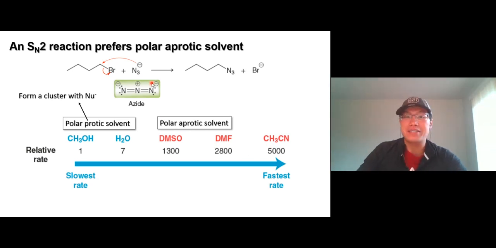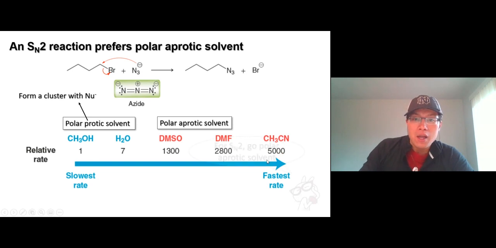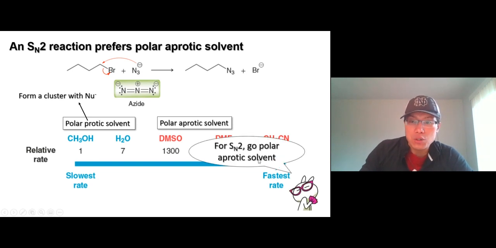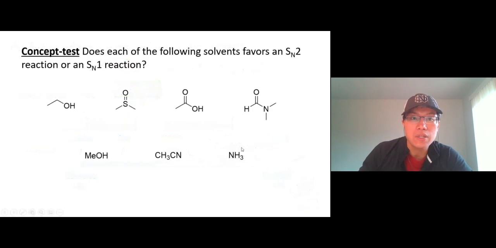Here the solvent does not really stabilize azide, so azide is really free, with high nucleophilicity, and the reaction rate goes much more quickly. So for SN2, go polar aprotic solvent. If you can differentiate which one is polar aprotic and which is polar protic, you know which one is appropriate for SN1 and which is appropriate for SN2.